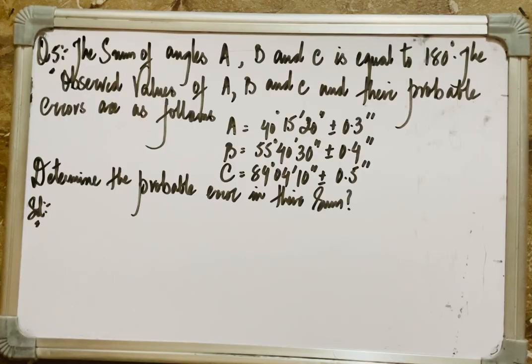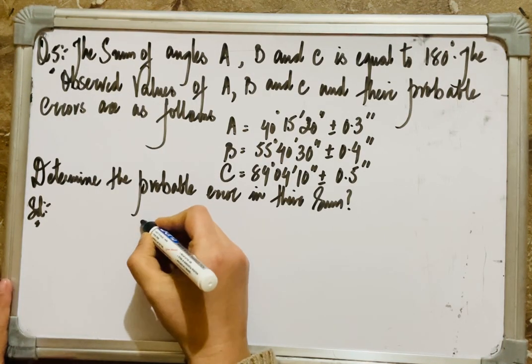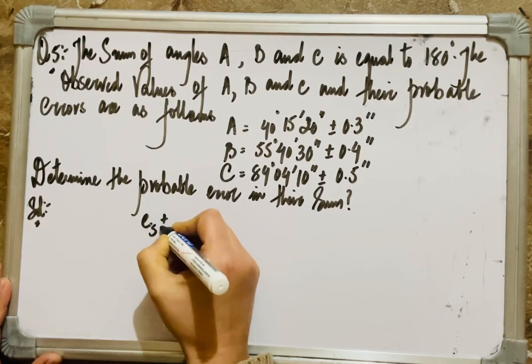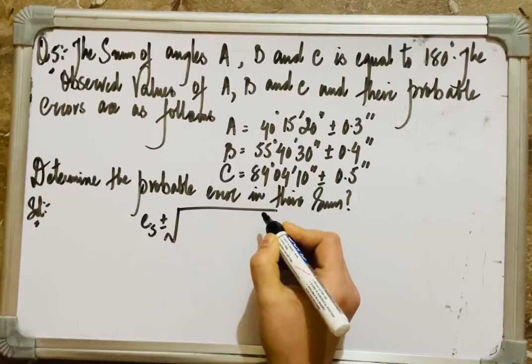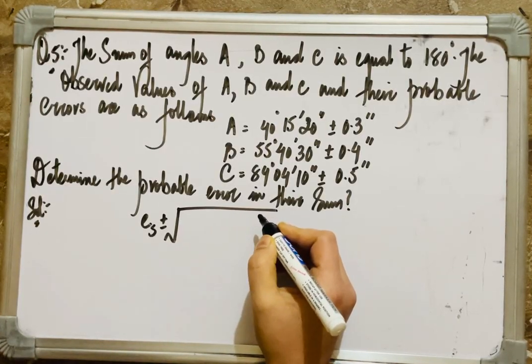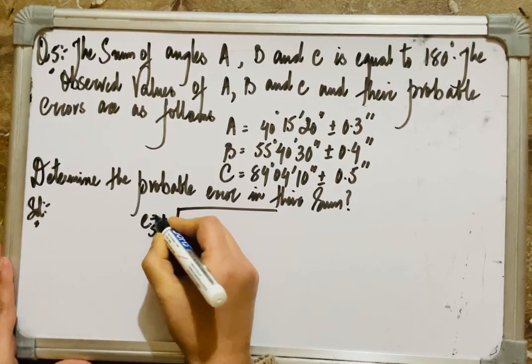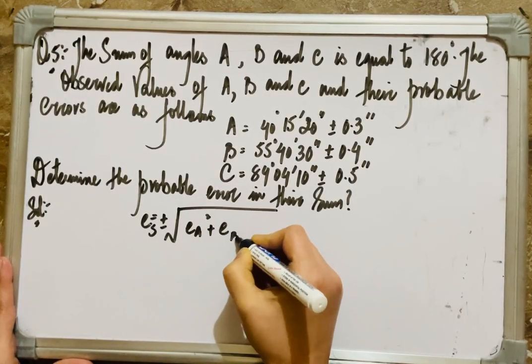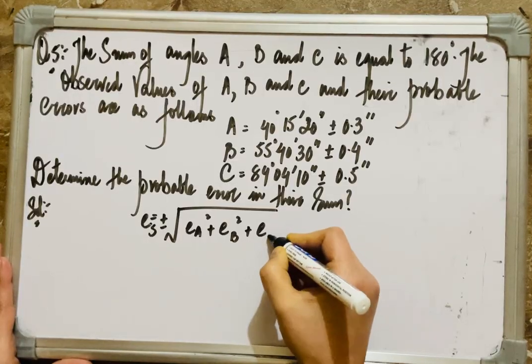Both have the same expression. The error in the sum will be equal to plus minus square root of EA square plus EB square plus EC square.